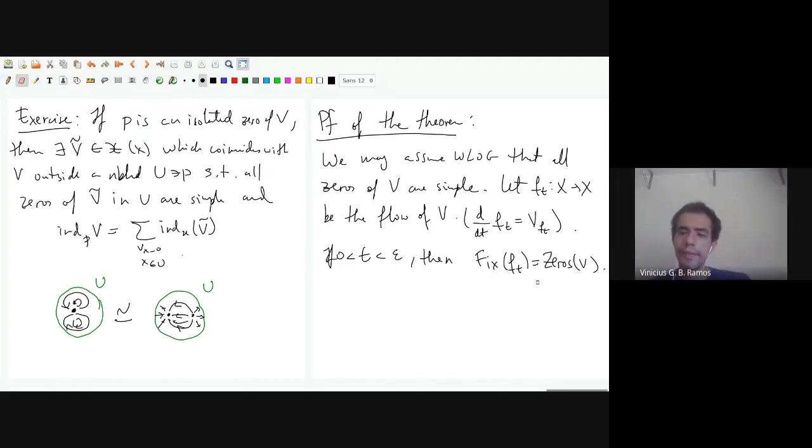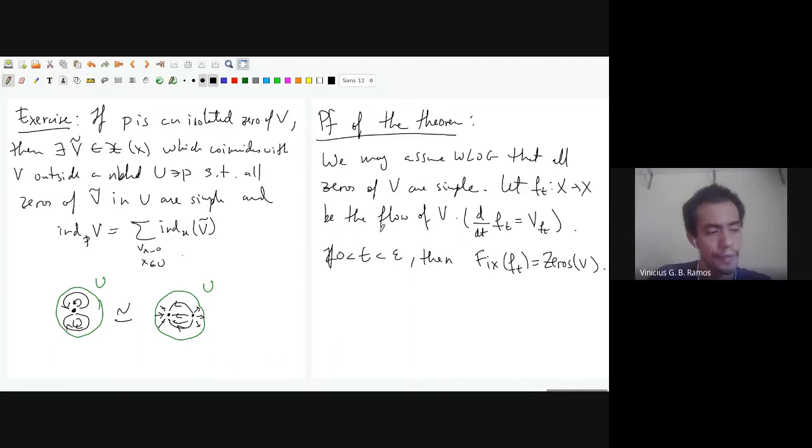I mean, this is not completely obvious, but if the manifold is compact, then for t small enough, you cannot have a closed loop that's not a trivial, constant path. Okay. So now is the little smart observation, which is that we can think of the fixed points of Phi_t, or the zeros of V, as an intersection.